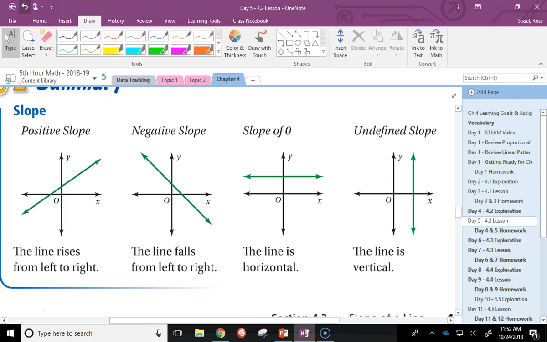A positive slope is a slope that rises when we read it left to right. That line is going up this way. This is what people in the stock market and businesses look at with their profit: we're making money, it's going up, our value is going up.